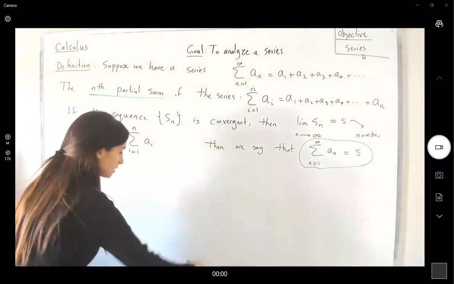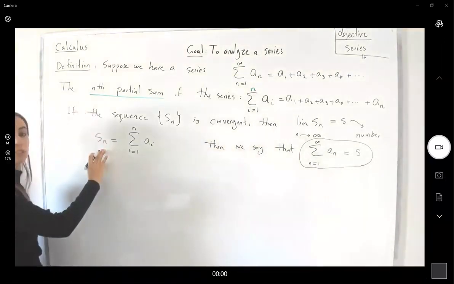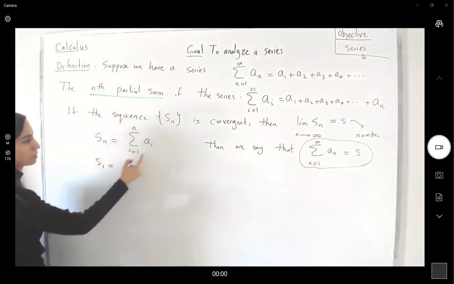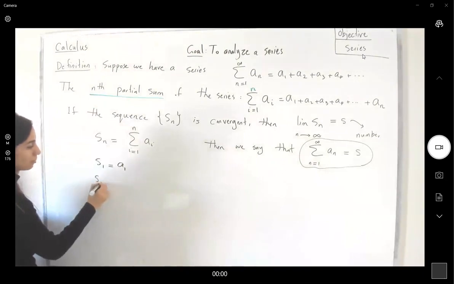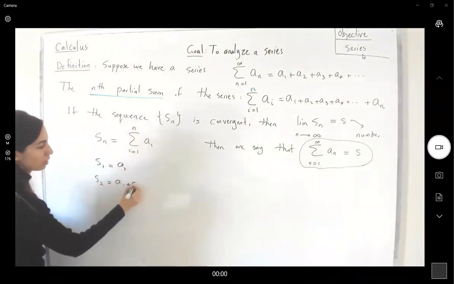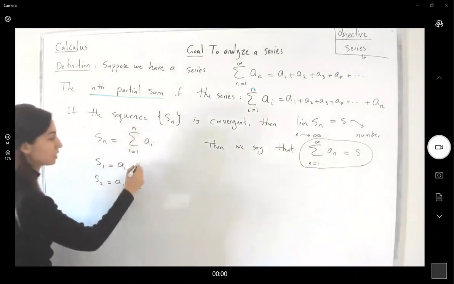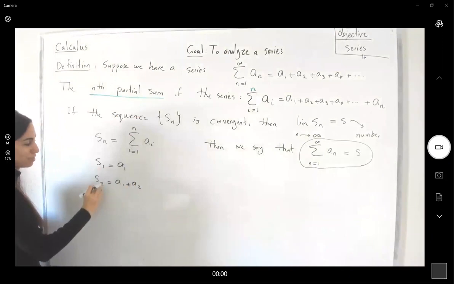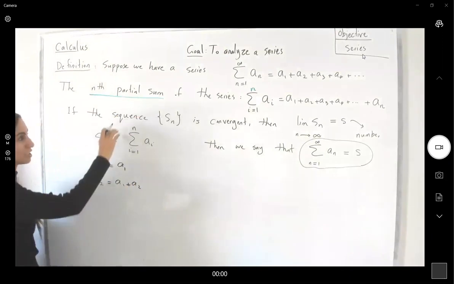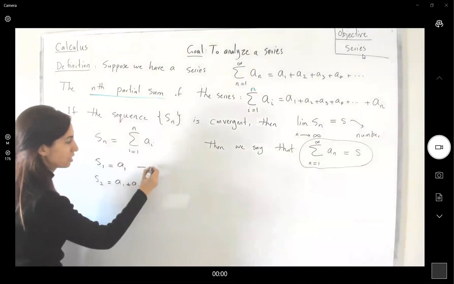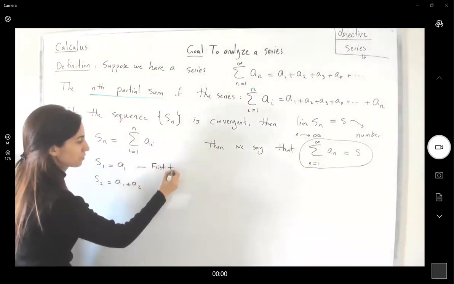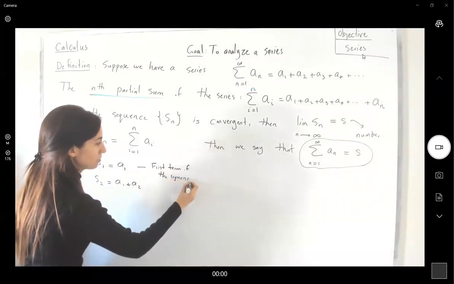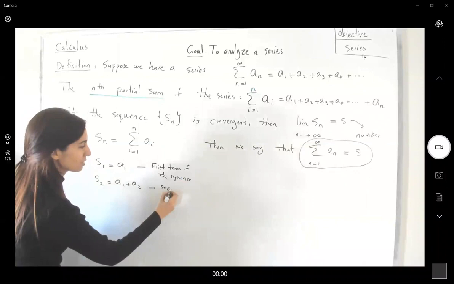So this is a series, and then if you give different values to n, you define a sequence. For example, S sub 1 is equal to a sub 1. S sub 2 is a sub 1 plus a sub 2. This is the first term of the sequence. This is the second term of the sequence.